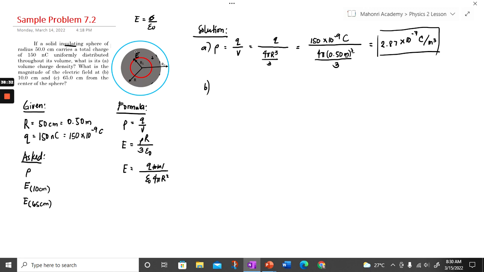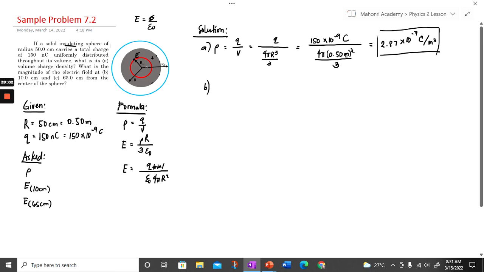But something though is that this is where your charge densities are important. So even though you do not know how much of the total charge is found here, what you can actually use to solve for E is the volume charge density, because this is uniformly distributed.